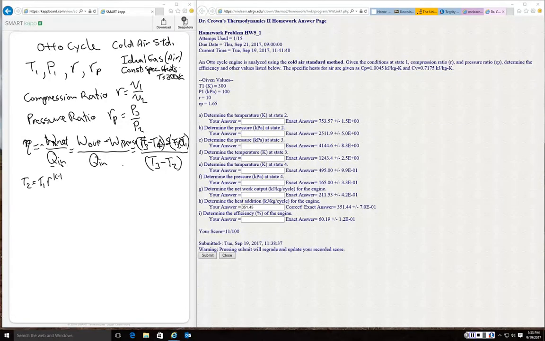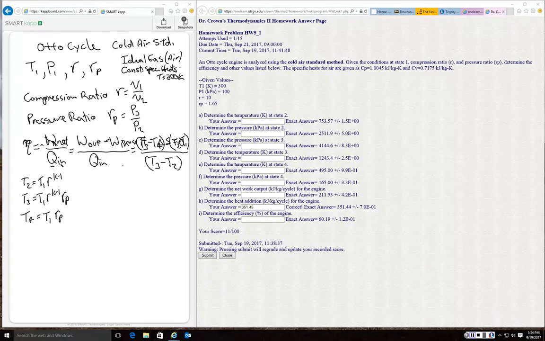T3 equals RP times T2, so that's T1 r to the k minus 1 times RP, and T4 equals T3 divided by r to the k minus 1. When we look at T3 and divide it by r to the k minus 1, we'll drop the r to the k minus 1 and we get T1 RP, because we had r to the k minus 1 in the numerator and r to the k minus 1 in the denominator.